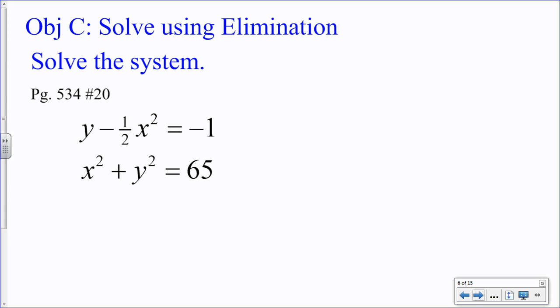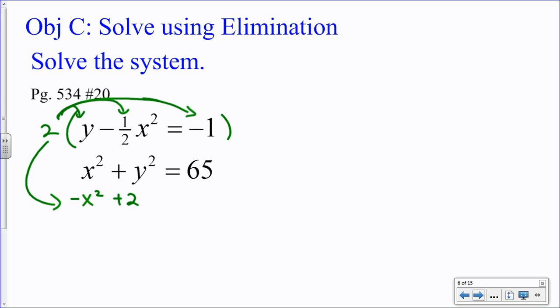So I have to do x, which means I need to rearrange, because when you do elimination, everything has to be lined up. And then I'm also going to multiply this top one by 2, because 2 times negative 1/2 is negative 1. So I'll write that down here. 2 times negative 1/2 x squared is negative 1x squared, and then 2 times y, and then negative 2.